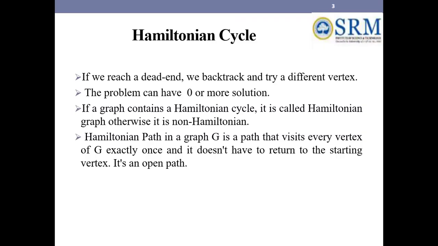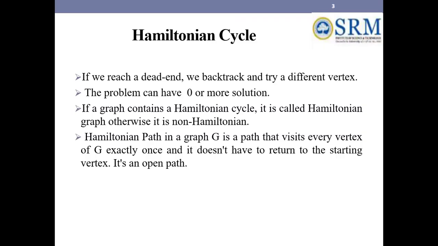If you are moving in one path and that node cannot proceed to the next level, does not lead to a solution, that is called a dead end. So if we reach a dead end in Hamiltonian cycle, then move back to the previous node and explore remaining possibilities. If we reach a dead end, we backtrack and try a different vertex.